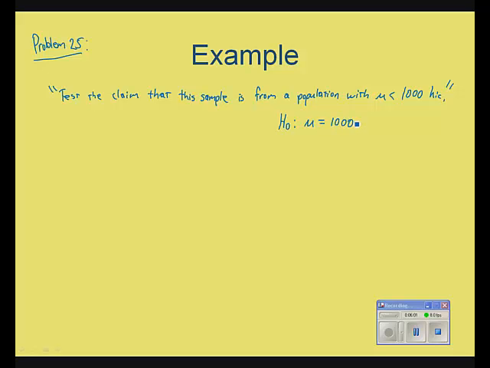We're going to say that it equals 1,000 hiccups. Now H1 is mu is less than 1,000. What kind of tailed test are we going to have? A left-tailed test. I can see that because the arrow is pointing left in a sense, right? Okay. So let's see.